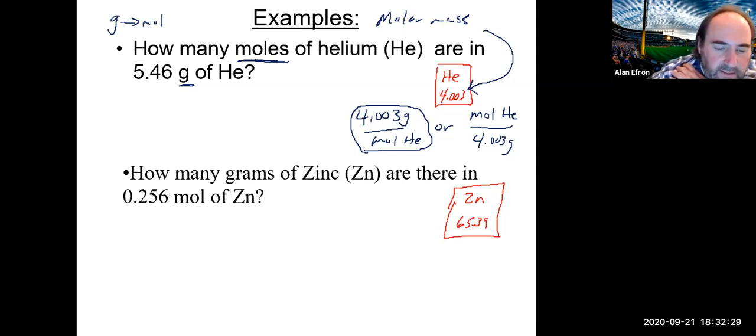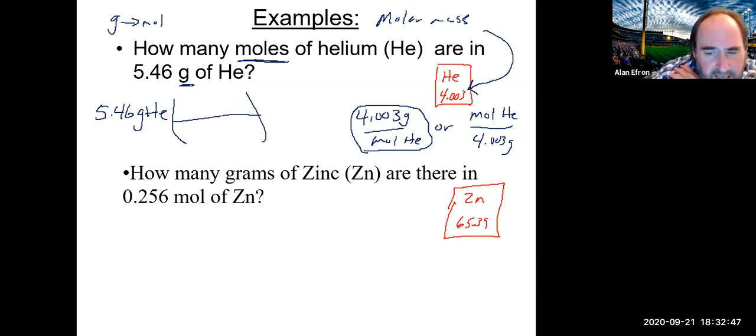So since we don't need Avogadro's number, what we want to do is start with the 5.46 grams of helium. And just like when we were doing conversions, the best way to think about it is just to get rid of the units. So I have grams on top, which means in order for it to get rid of the units, I actually need to use the conversion on the right here, where I have the grams on the bottom. So essentially I'm dividing by the molar mass here.